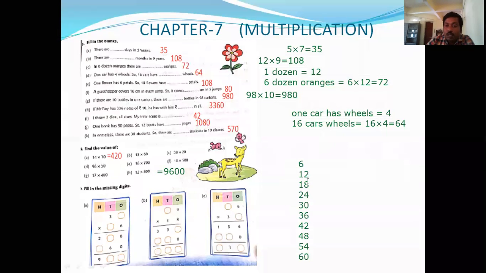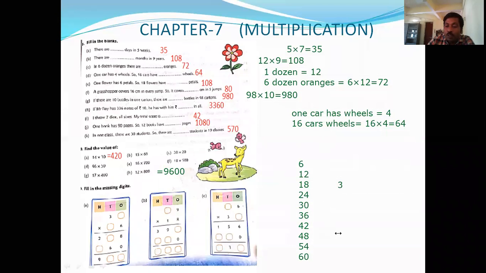So here we see there are two numbers, 18 and 48, which have 8 as the unit digit. So the possibilities for the missing digit will be 3 and 8.